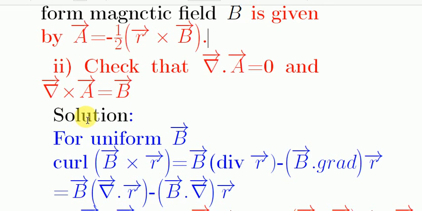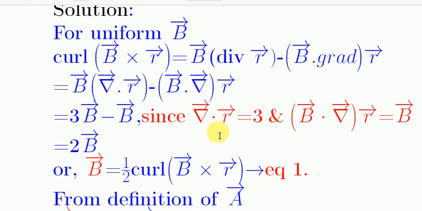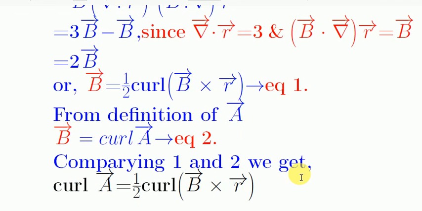Now from vector identity we can write, for a uniform magnetic field or uniform vector field, curl of B cross R equal to this, and if we simplify this, then we can write curl of B cross R equal to 2B. So B equal to half of this, and this is equation 1.